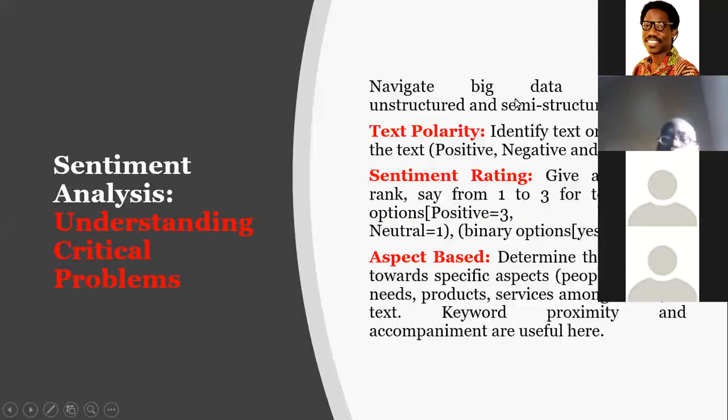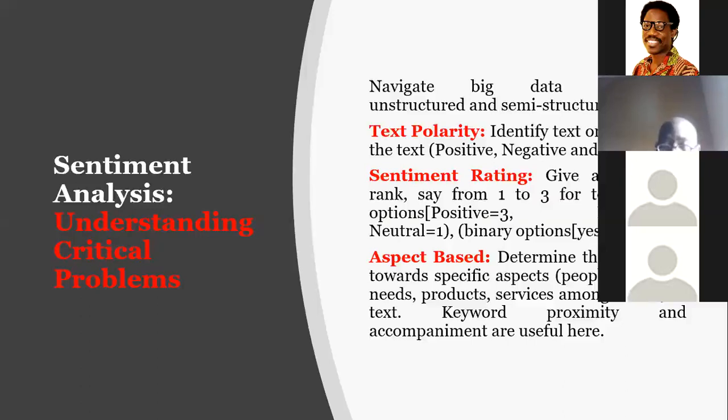For us to do sentiment analysis very well, we need to understand them. When you need data like comments, they may be in a structured format, they may not be. So you need to turn unstructured to structured. If you have semi-structured, you have to turn them to structured according to your own research objectives.